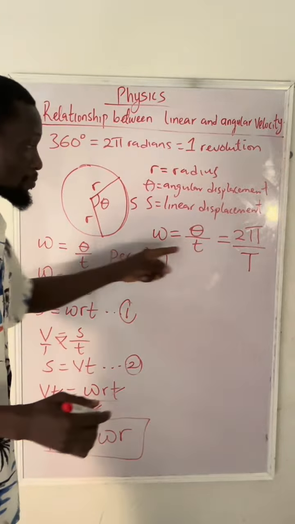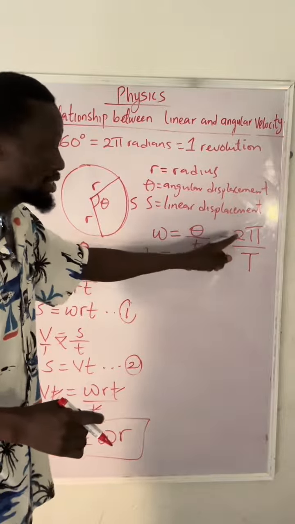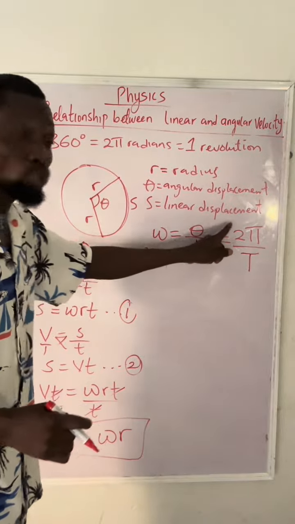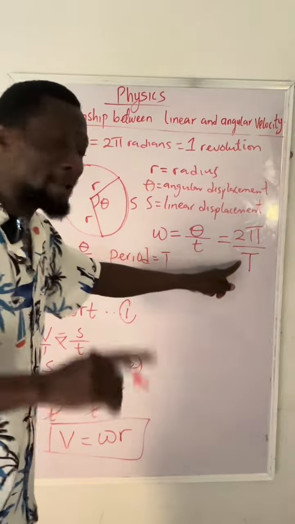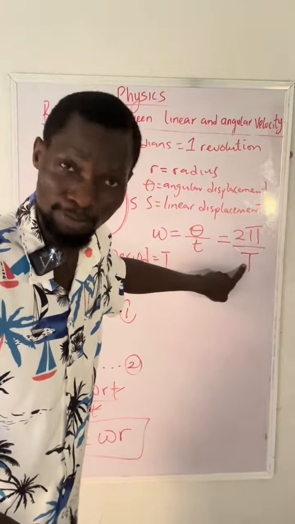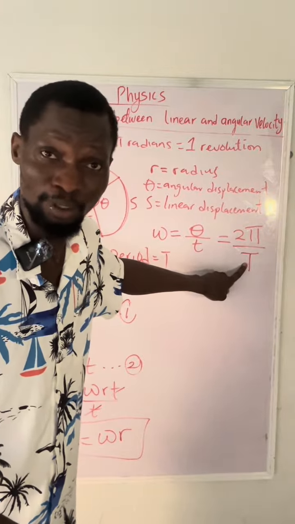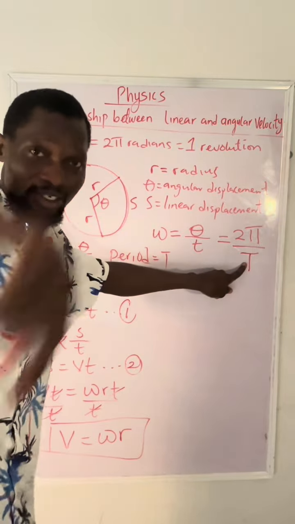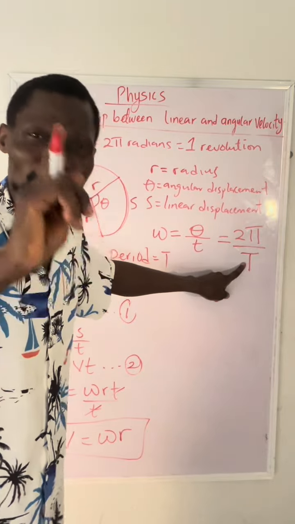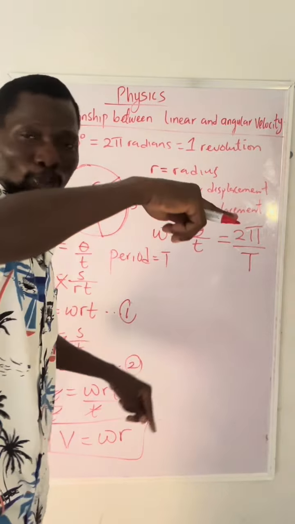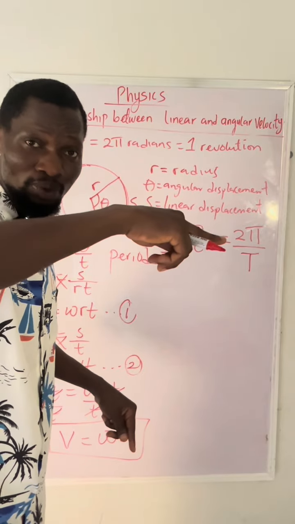So this is a special case when theta is 2 pi, that is, the body moves in a circle once, and the time to do that must be the period of that body, that is, the time it takes for the body to cover 1 complete cycle. You understand?